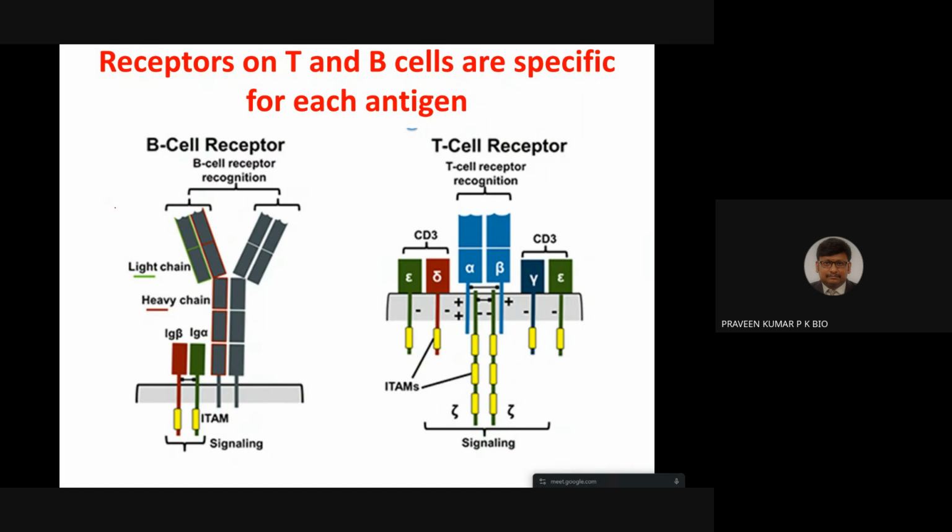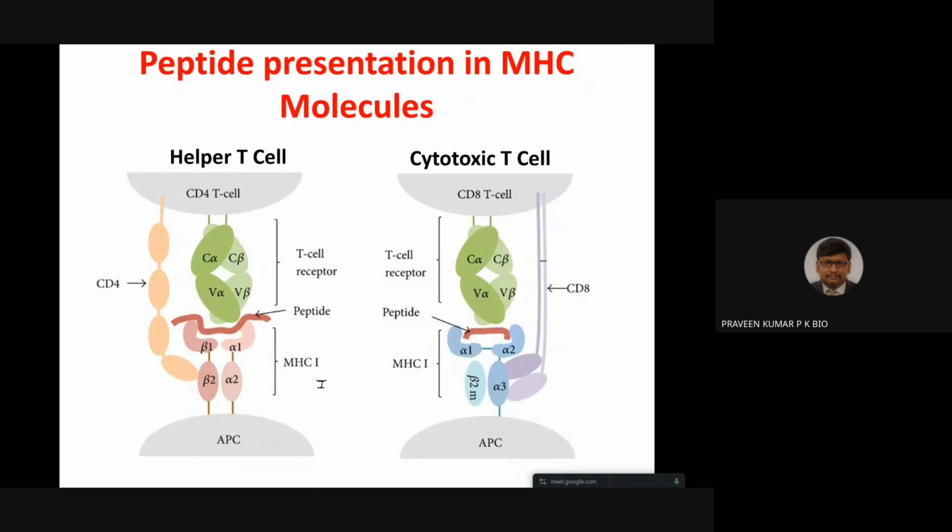You can see the types of receptors, T cell and B cell receptors, distinguished with respect to structure. In T cell, we find the T cell receptor, and in B cell, the B cell receptor. Related to the helper T cell, this helper T cell has a cluster differentiation molecule called CD4.